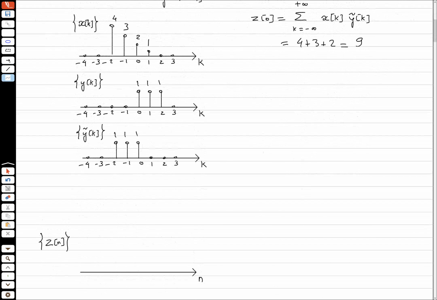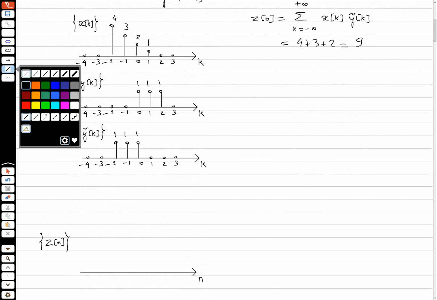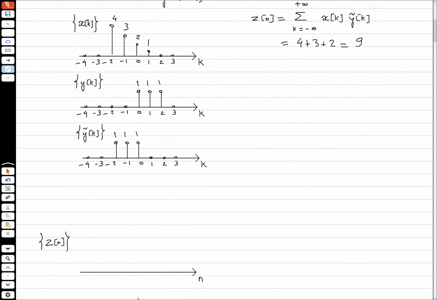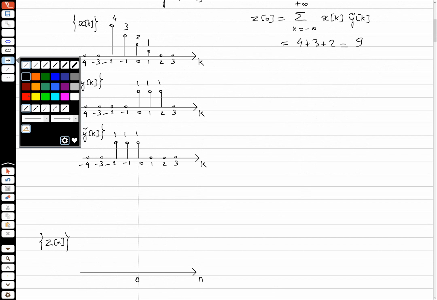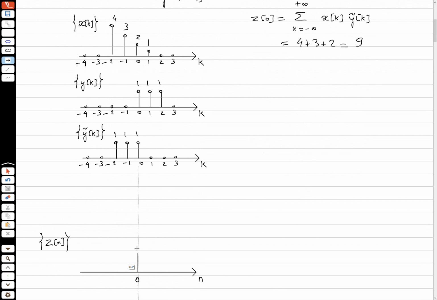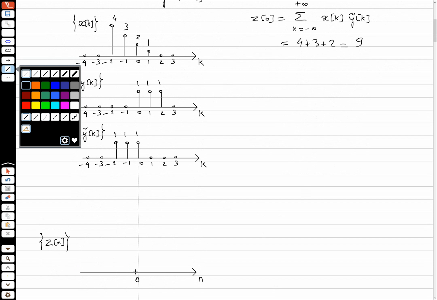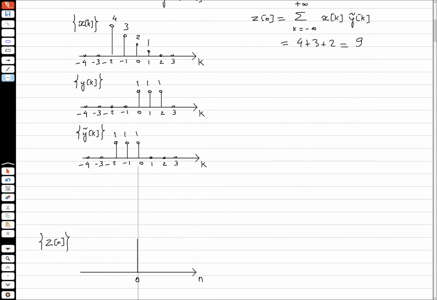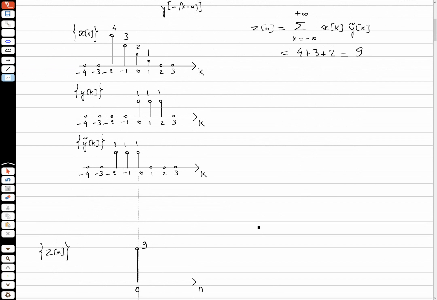And then, okay, let's align. 0 is here, so at 0 you find 9. And you get partial credit.